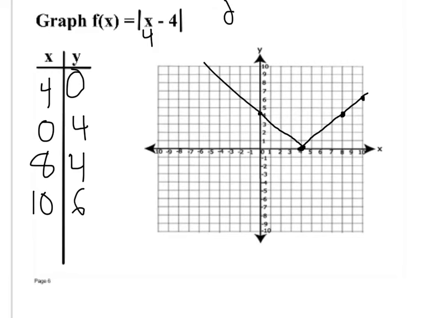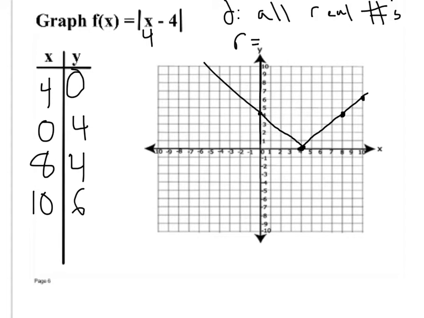What's my domain? All real numbers. Andrew, what's my range? What's my smallest y coordinate here?